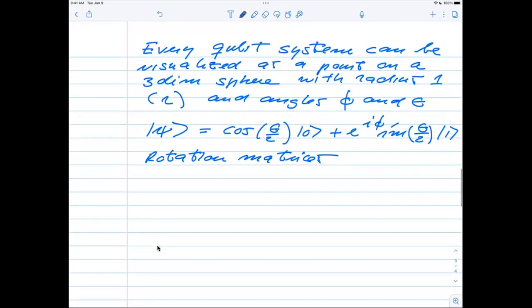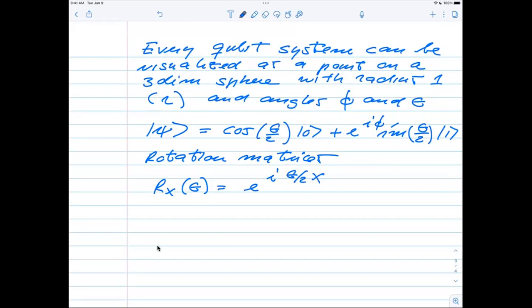So we have everything ready. The Rx of an angle theta is given by e to the minus i theta half x. So this is a rotation around the x-axis.